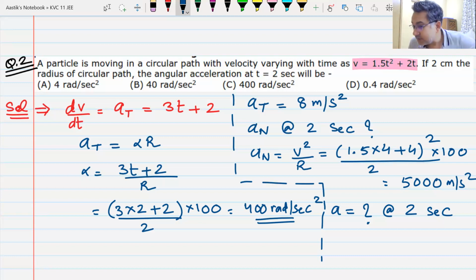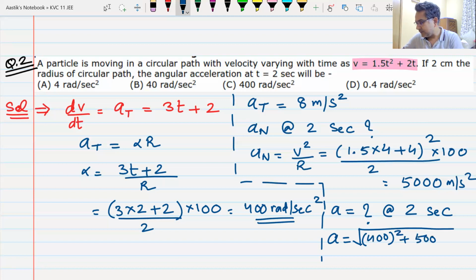So how much? 5008. To find out the total acceleration, you have to find the under root of at square plus an square. So 8 square plus 5000 square. Do we understand this?